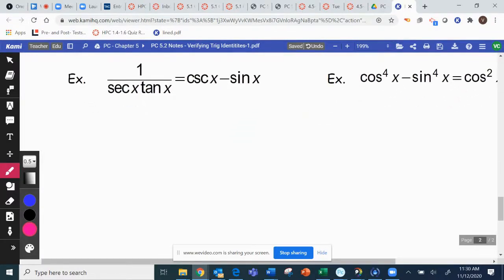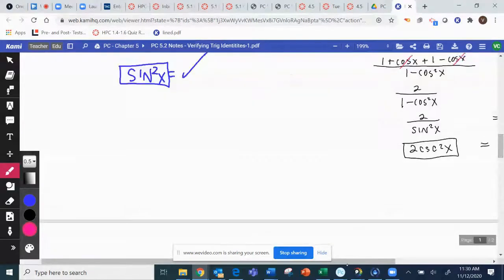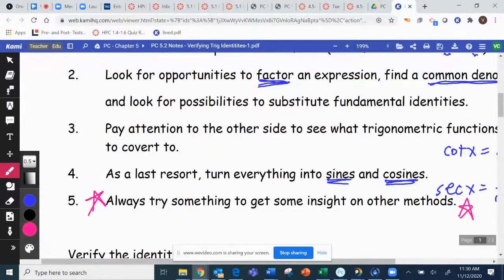Look at this next one. Which side should I work with? The right side or the left side? Which side is more complicated, the right side or the left side? Left is more complicated? Why? Nah. More complicated will be, sorry, this is totally an opinion thing, I guess.